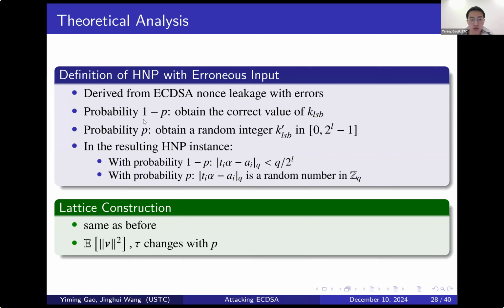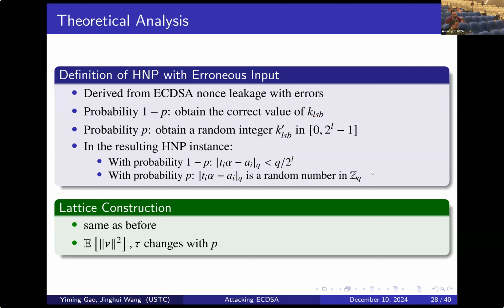We assume a model with this probability. Okay, I see, but there is no real-life expectation that this is how leakage looks like. Yes, it's the leakage model that we assume. Okay, I see, thank you.